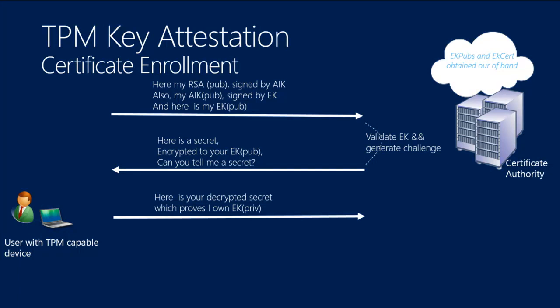You have my challenge back, and I'm proving to you that because I have both the EK public key and the EK private key, that actually is not possible to remove from TPM, I actually completed my RSA key creation on this particular TPM. The certificate authority validates the challenge, saying, yep, sounds like mine, and issues the certificate.